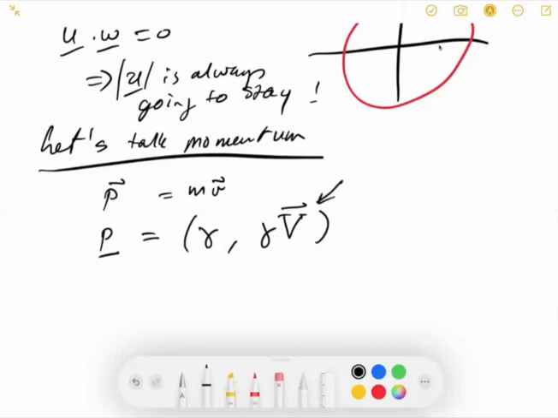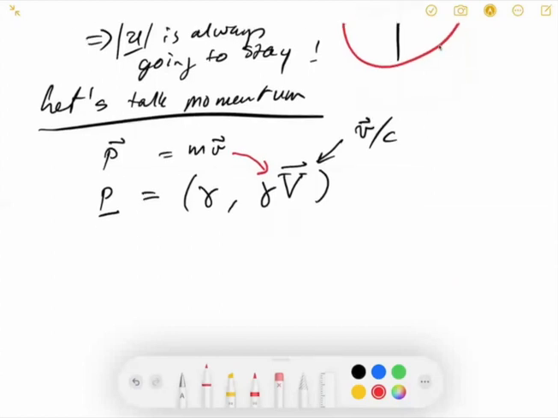Remember that this big V is normalized, so that's actually V over C. So if you want to go from here to there, we need to pick up a factor M and C. So let's put those in. So missing a factor M and a factor C. Okay, so we have P is MCU.